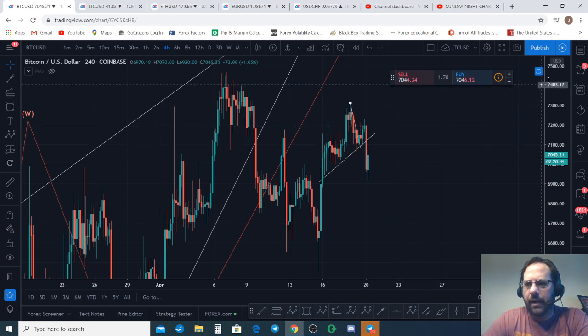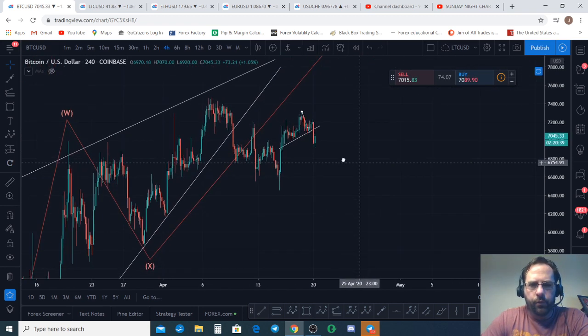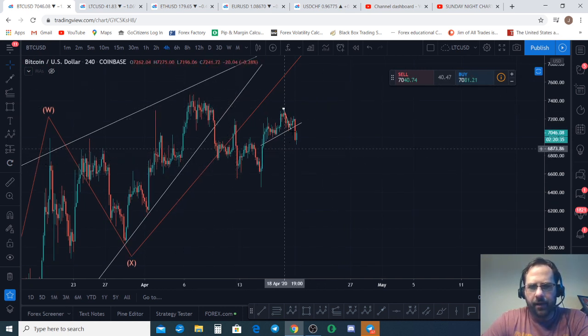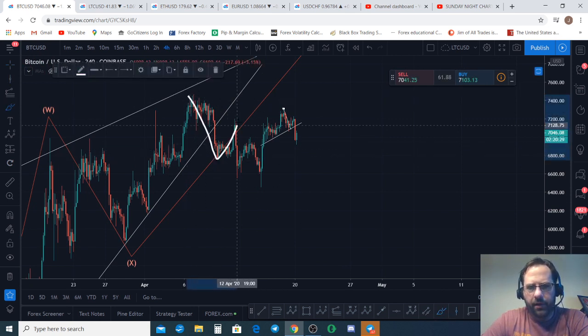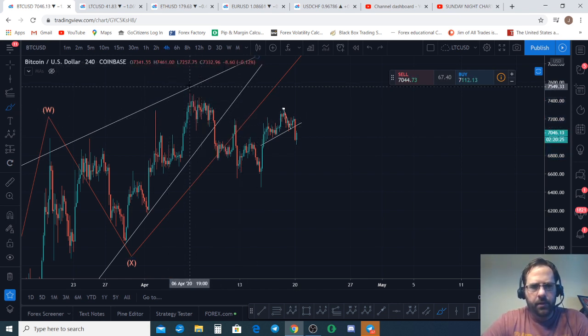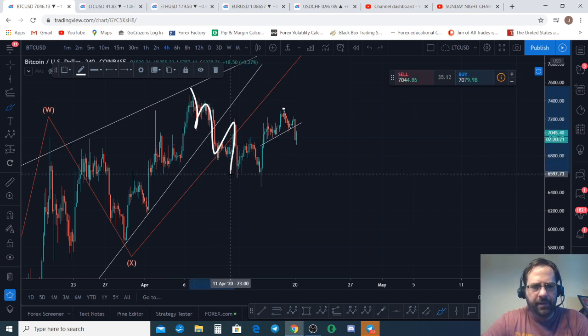So basically, we're looking at this two ways right now. One, this could be a five wave here. I don't like it, but it could be some kind of a diagonal.